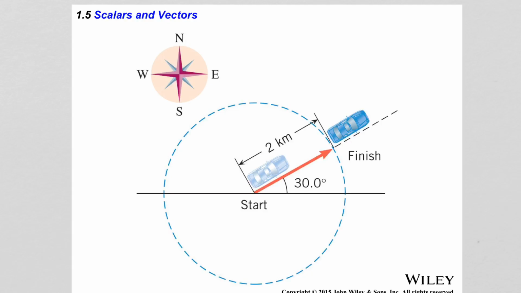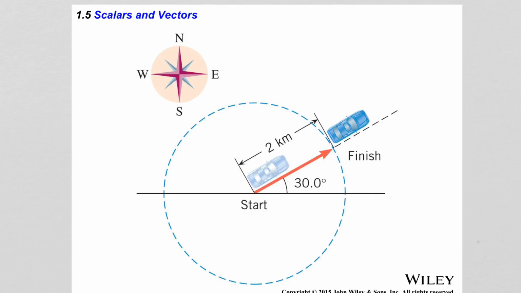Okay, so if I say that the car traveled 2 kilometers, that gives no information about where the car went. It just says 2 kilometers of distance, that's it. But if I want to indicate the displacement of the car, then I have to include information for the direction. So how do I include information for direction?